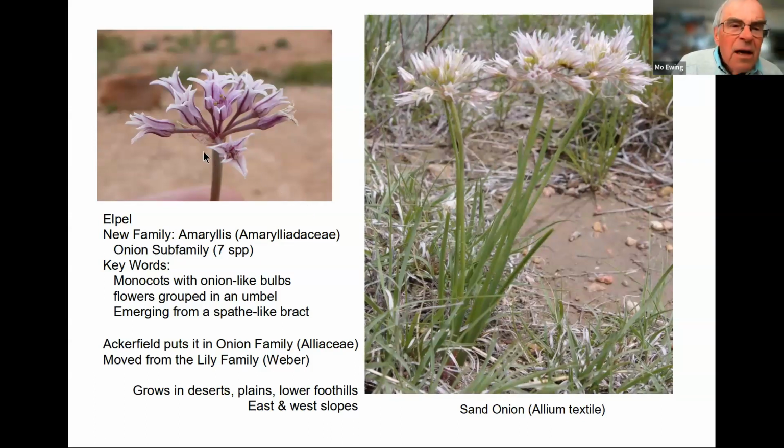It's hard to see, but this is the bract. It comes out right from the bottom of all of these stems. It's sort of like a leaf, but it's a bract. I'm tracing the edge of it there. So you get that bract, and then you get the umbel, and then you get the flowers. And remember, in a monocot, the sepals and petals are in 3s and 6s.